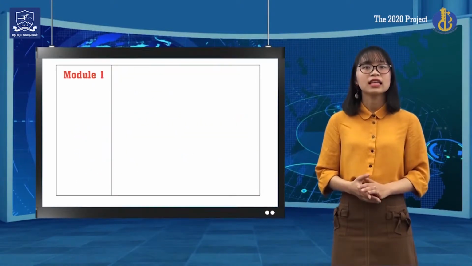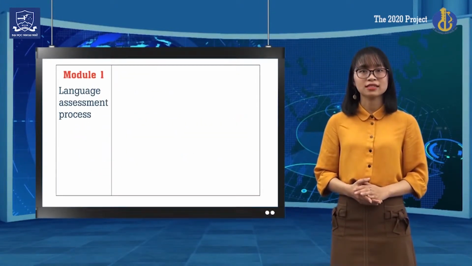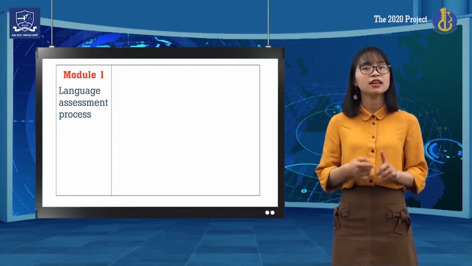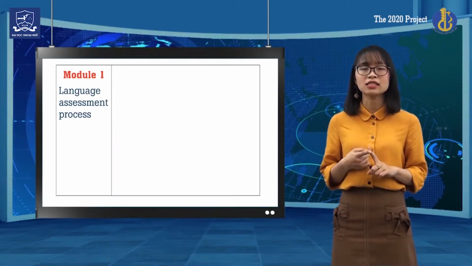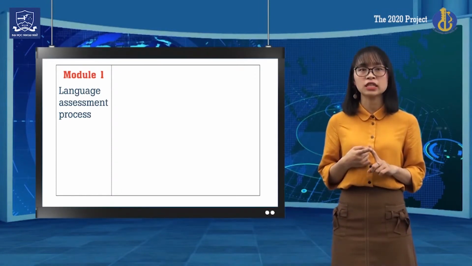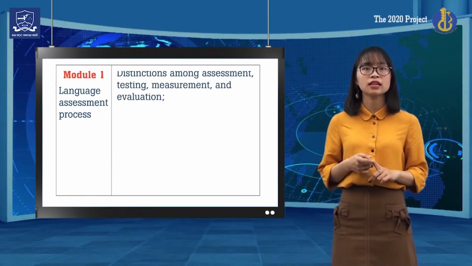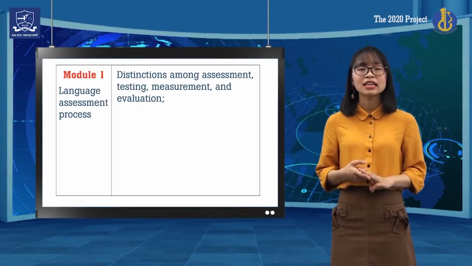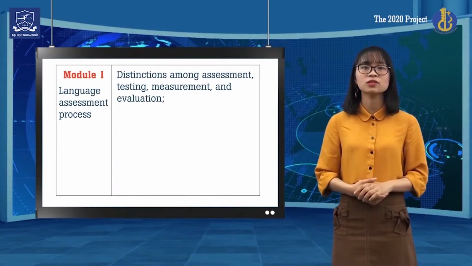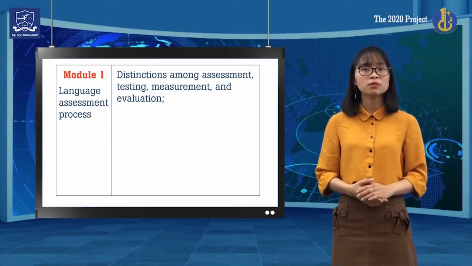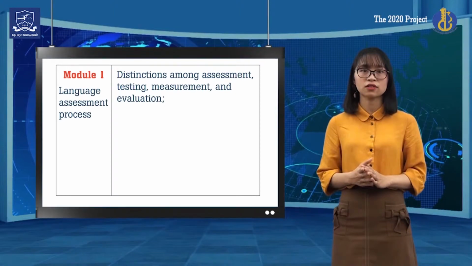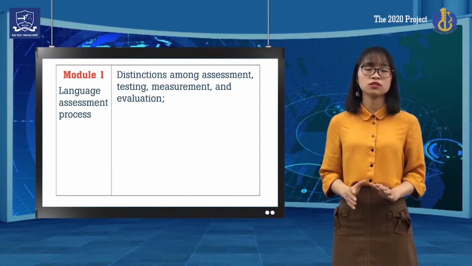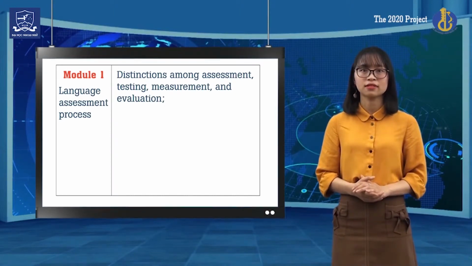Module 1, Language Assessment Process. This module focuses on three main points. First, definitions and relationships of key terms, including measurement, evaluation, assessment, and testing have been included. Remember, although those terms are closely related to each other, they cannot be used interchangeably.